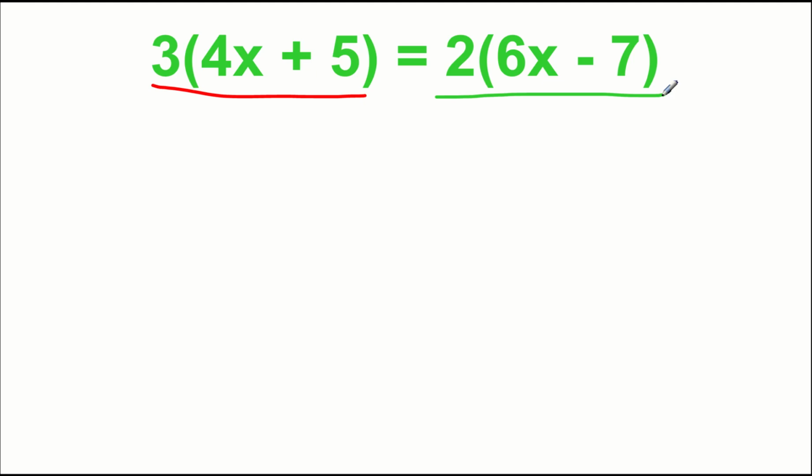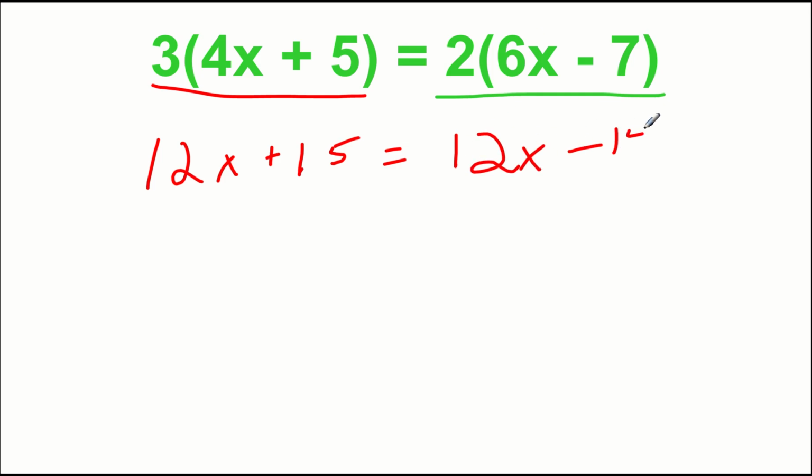If you have parallel lines, that's no solution on Desmos. Lines on top of each other are infinite solutions. Where they cross, that's one solution. The other thing you could do is distribute. 3 times 4x is 12x, 3 times 5 is 15. 2 times 6x is 12x. 2 times a minus 7 makes a minus 14.